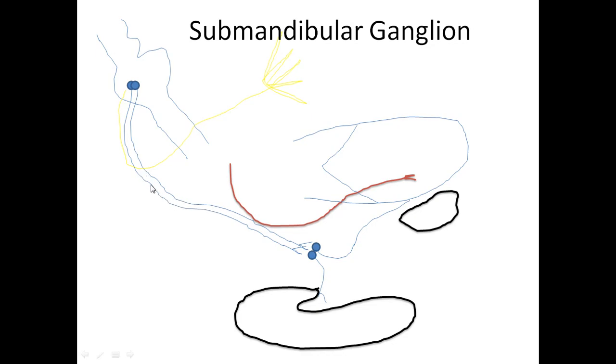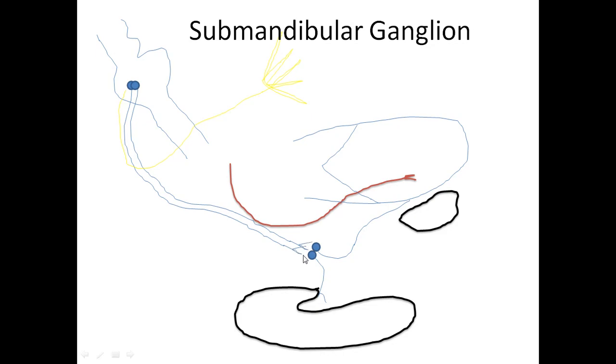So this chorda tympani branch joins the posterior surface of the lingual nerve. So now it takes the help of the lingual nerve. So these fibers, the preganglionic fibers of the superior salivary nucleus, are now taking the help of the lingual nerve to reach their destination, that is the submandibular ganglion. There is a relay of information.